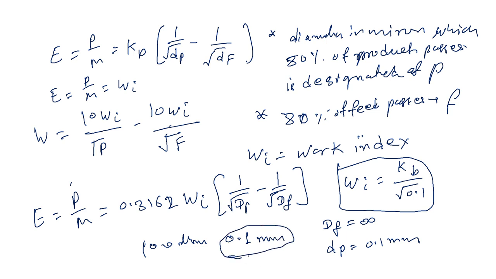So here the product size term becomes 0.001, and this portion becomes negligible compared to the feed term, because the feed size is very high and dP is very small. So Wi is equal to kV by under root 0.1.